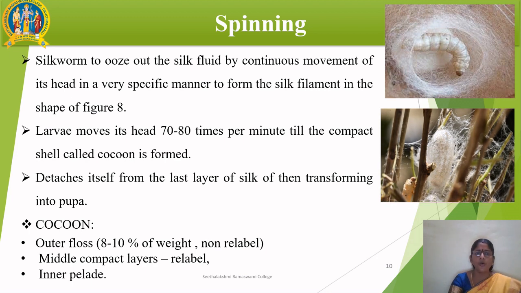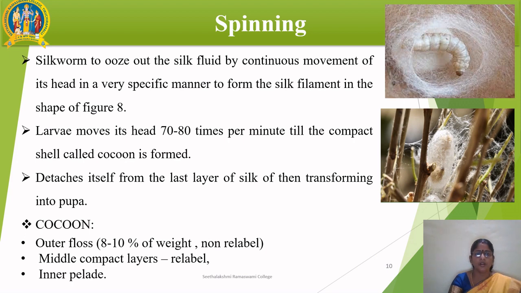The larva moves its head 70 to 80 times per minute till the compact shell cocoon is formed. After the cocoon is formed, it detaches itself from the last layer of the silk and transforms into pupa.